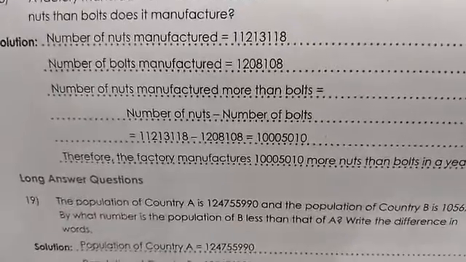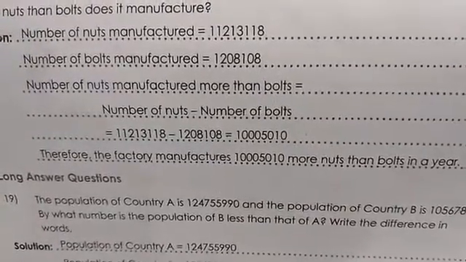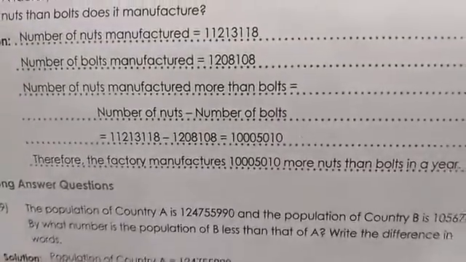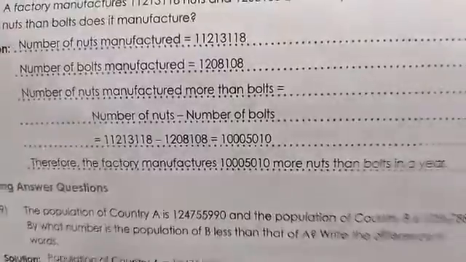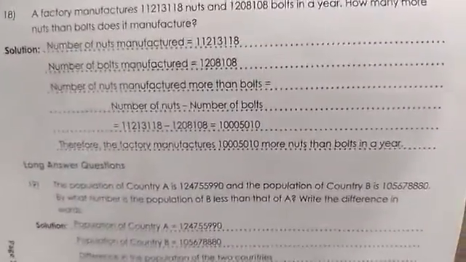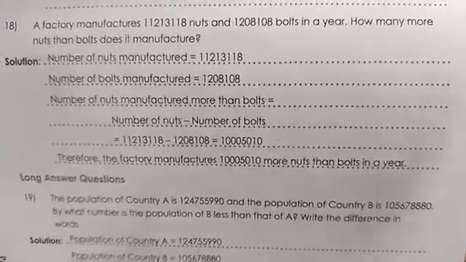Just see how to write this working. Therefore, the factory manufactures 1 crore 5,010 more nuts than bolts in this year. Okay.